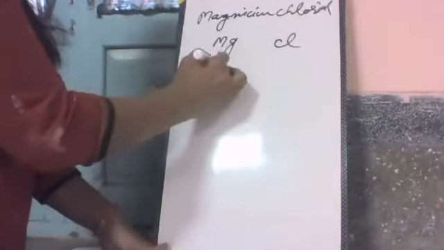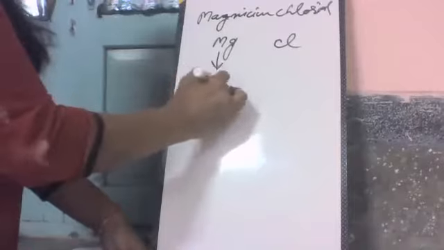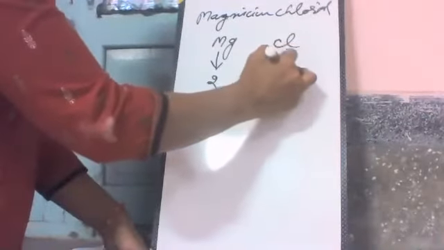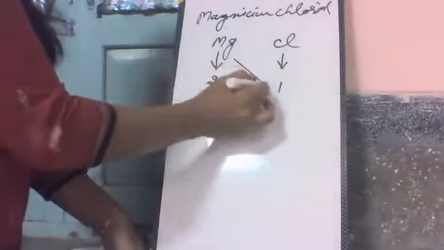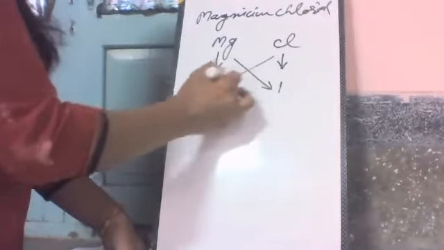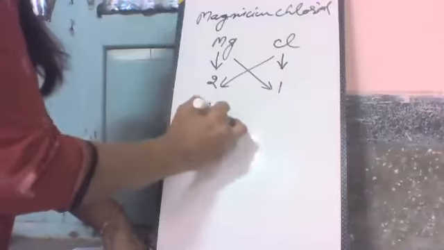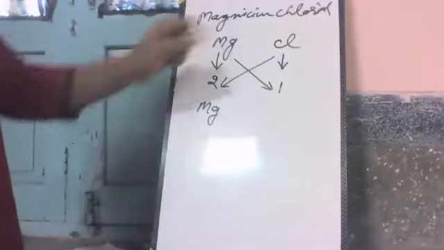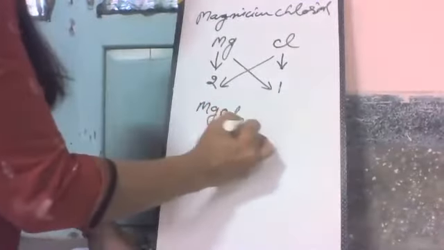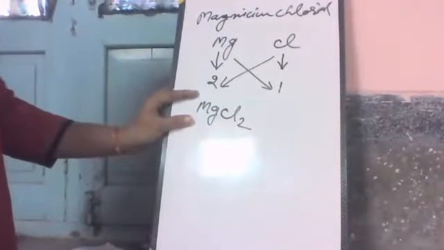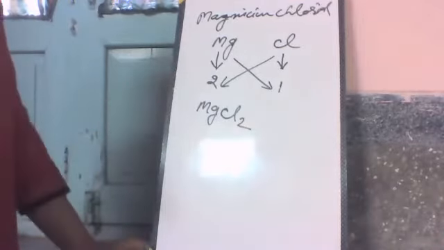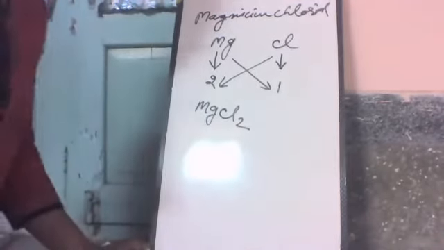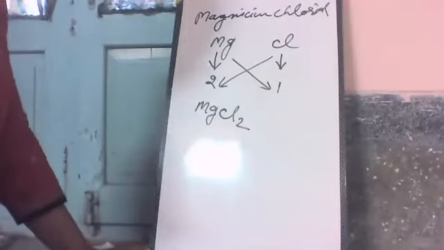Now write their valencies, 2 and 1, and cross them. It means we write 1 for magnesium and 2 for chloride, Cl2. This is the pattern of how to write a formula.